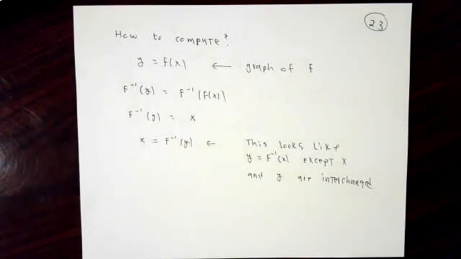If you interchange the x and the y, you're supposed to get something that represents the graph of f inverse. And when you're on the graph of a function, the function value is the y coordinate. So if I can solve for y in terms of x, then I'll have a formula for my f inverse of x. It sounds much worse than it actually is.